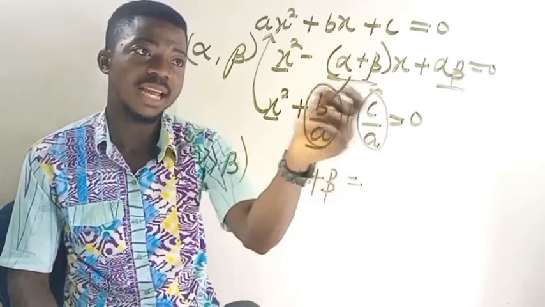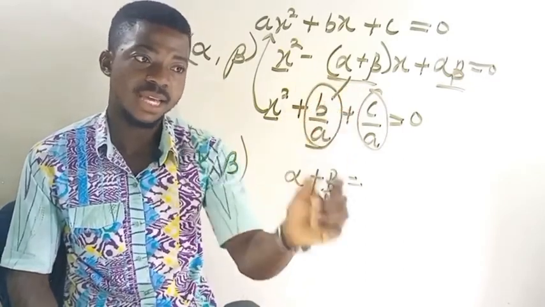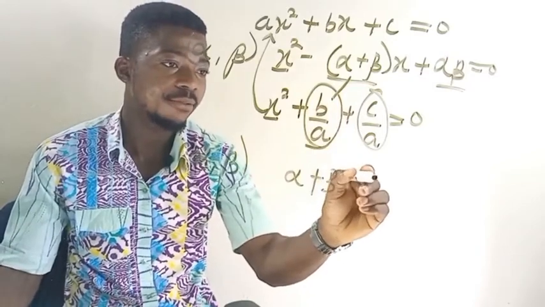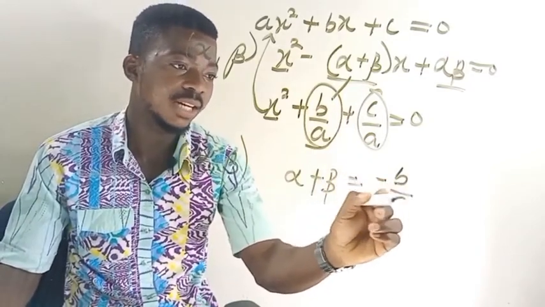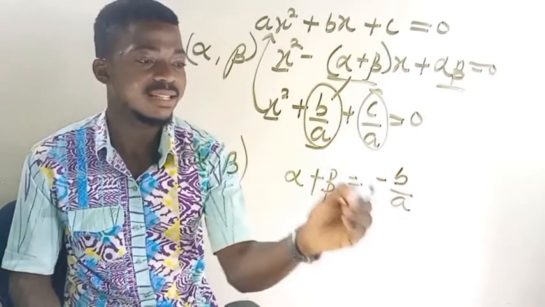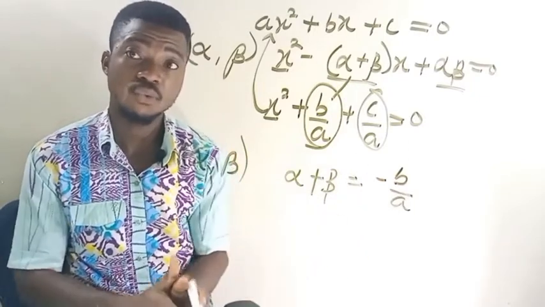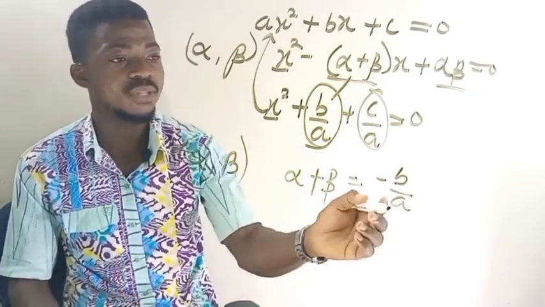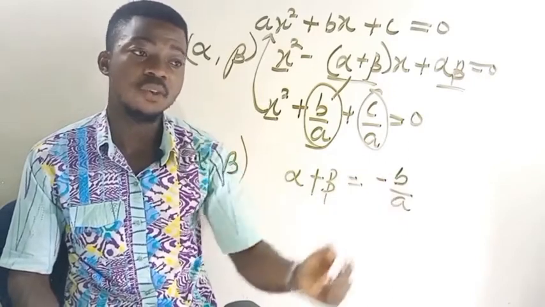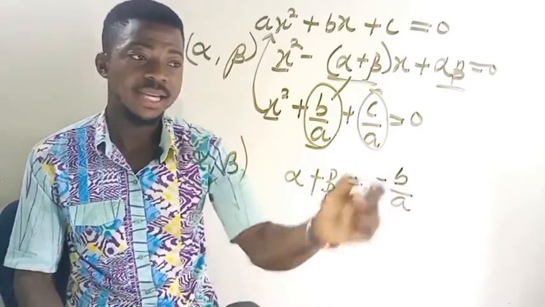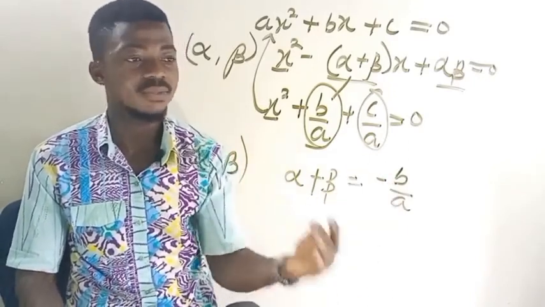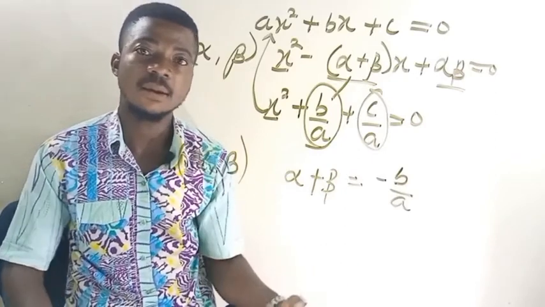Now because here it's negative, it's going to be negative b over a. So this is the sum of the roots. The sum of the roots goes with the formula negative b over a. That's what you're going to use to find the sum of the roots.